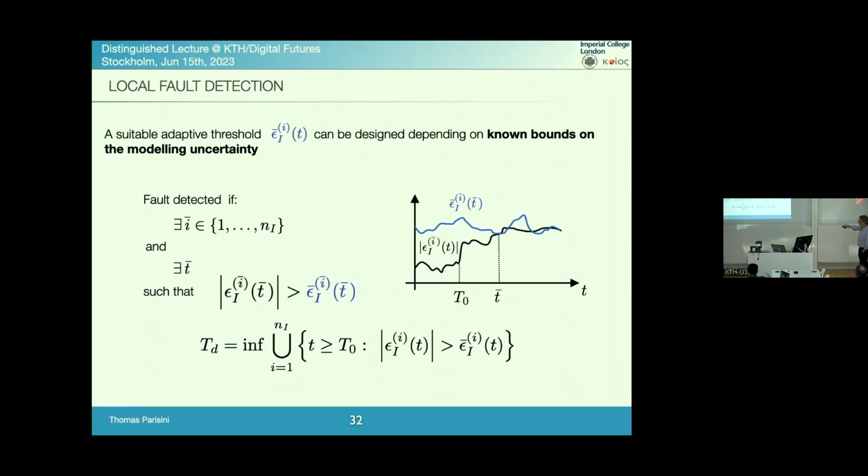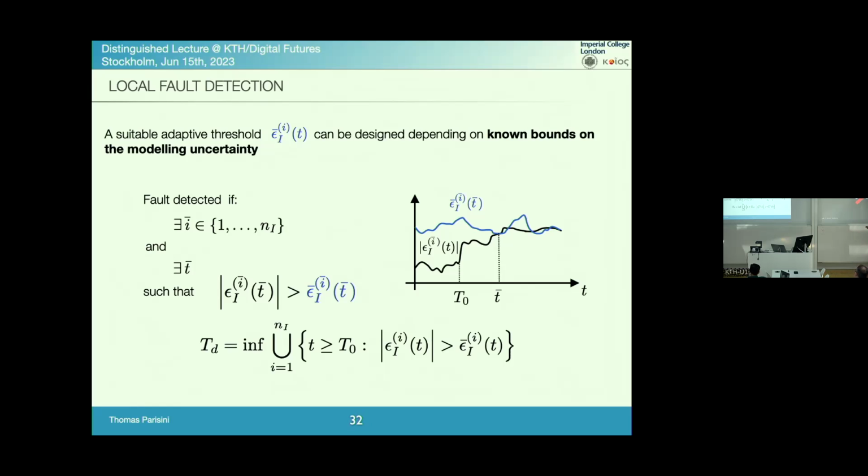You generate your residual over time. At some point, you might have a fault, and what we have shown in our paper is that there are no false alarms in our scheme. It might be conservative, so you might not be able to detect some faults, of course, but if you detect a fault, you are sure there was one, by the way we have developed the theory.